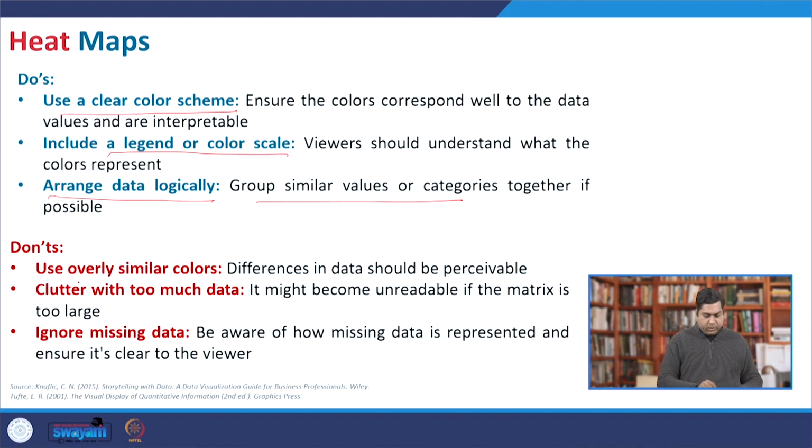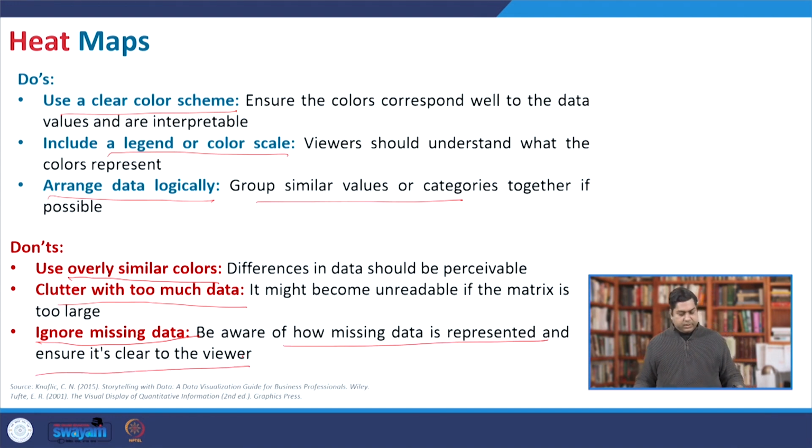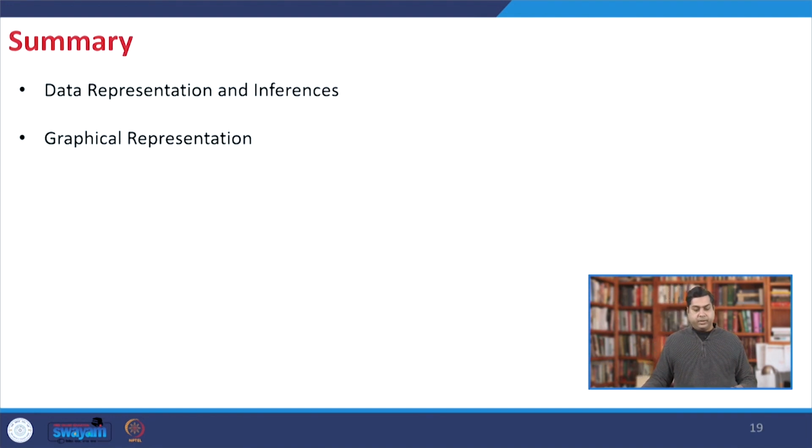Do not use overly similar colors, that may give you confusion as well, and do not clutter with too much information. That is why I mentioned that you should check the data that you are going to use, and do not ignore the missing data, because be aware how missing data is represented and ensure it is clear to the viewer. So, that is very important.